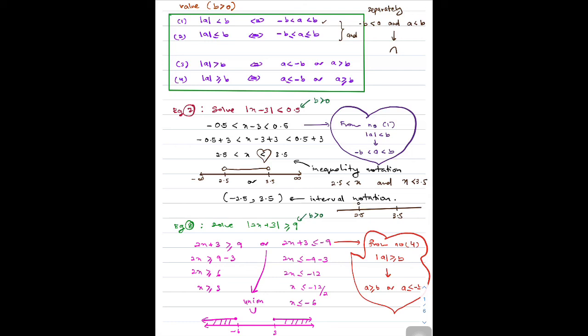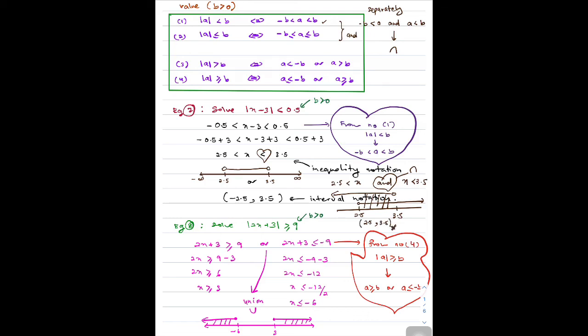Greater than is to the right, and x less than 3.5 is to the left. Since this is and, it is the intersection, so look at the overlap area. So the answer is 2.5 to 3.5, and both are open intervals.